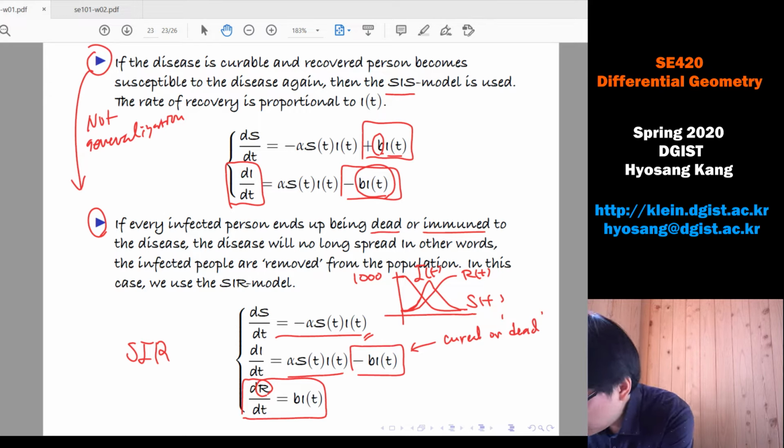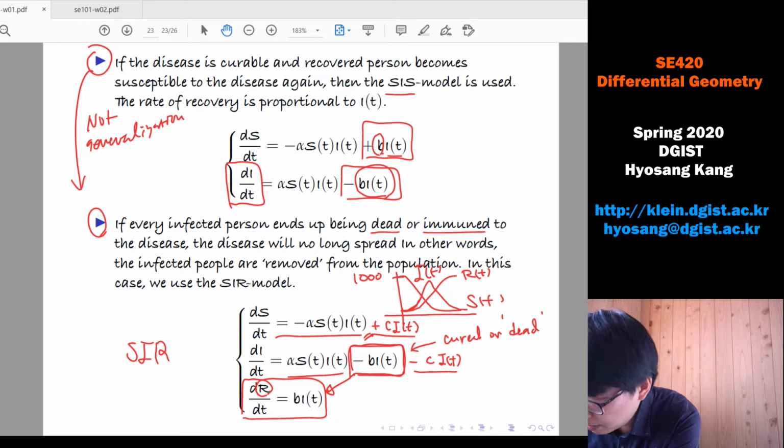You can put one more term, say C, so that some of the infected people go to the susceptible ones, and some go to the removed ones. So you can put one more term on the first and second equation. Then this is a generalization of the second situation.